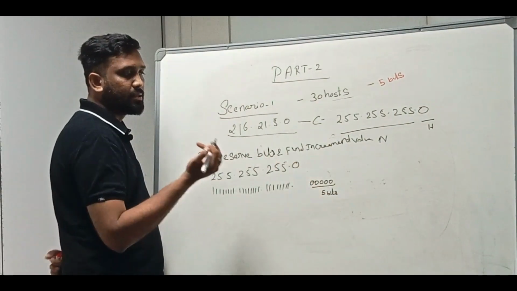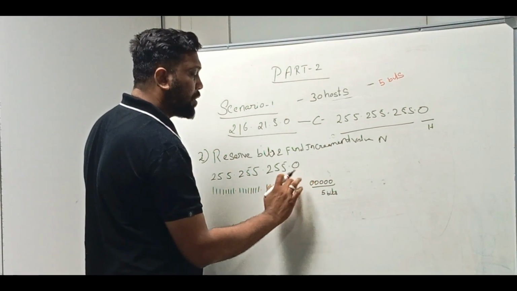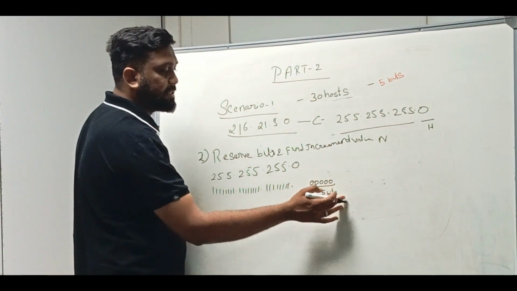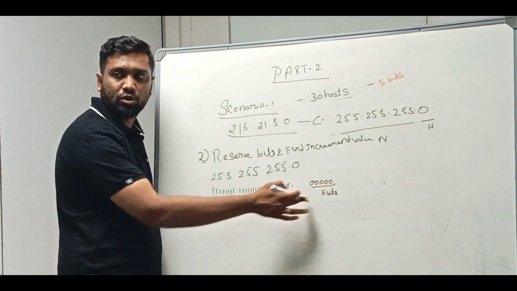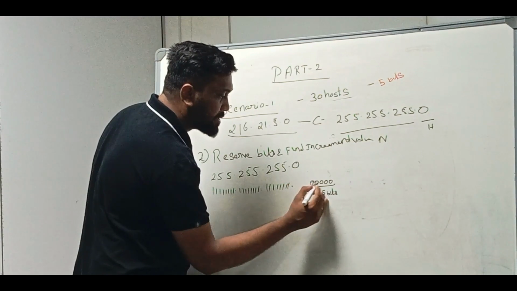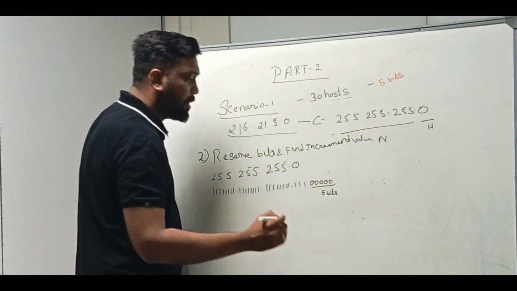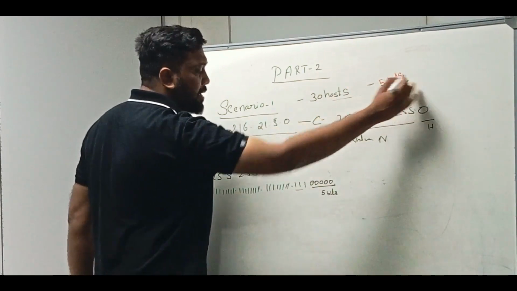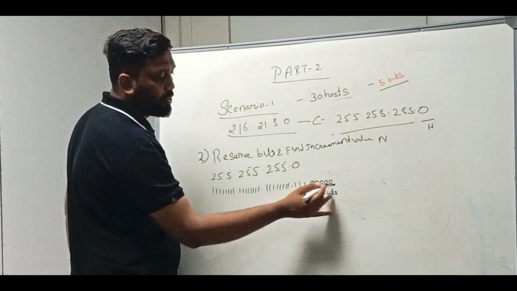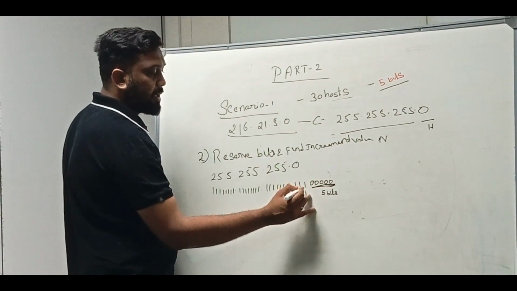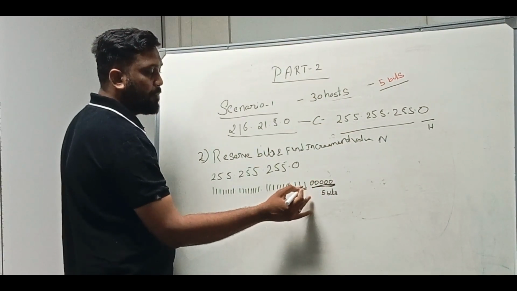I'm doing it in reverse. Earlier we used to do 1 1 1 1 for calculating the network. Since it is a host, I am making the host part as 0. From the last I am putting 1 2 3 4 5 as 0, and the rest, the 3 octets, I am putting as 1.